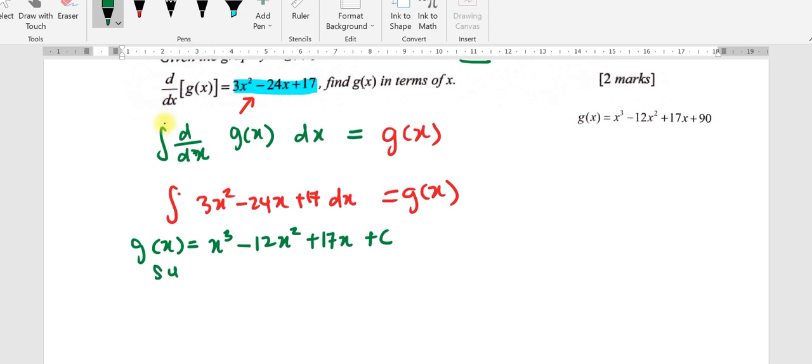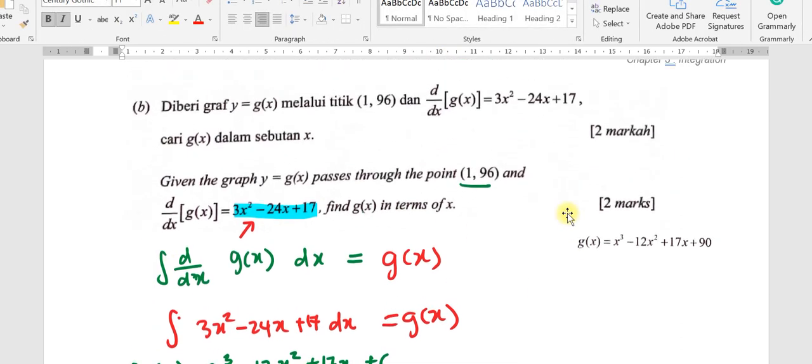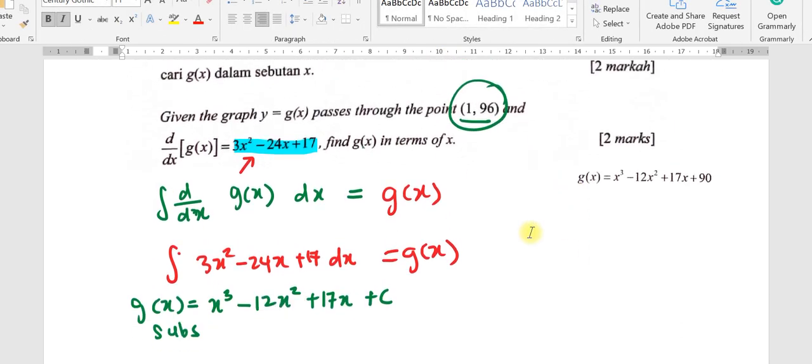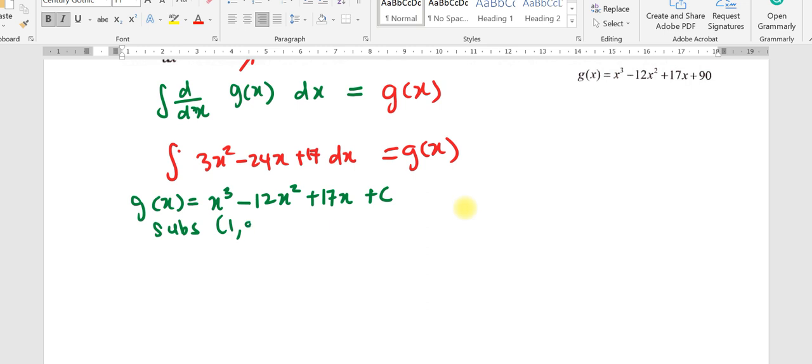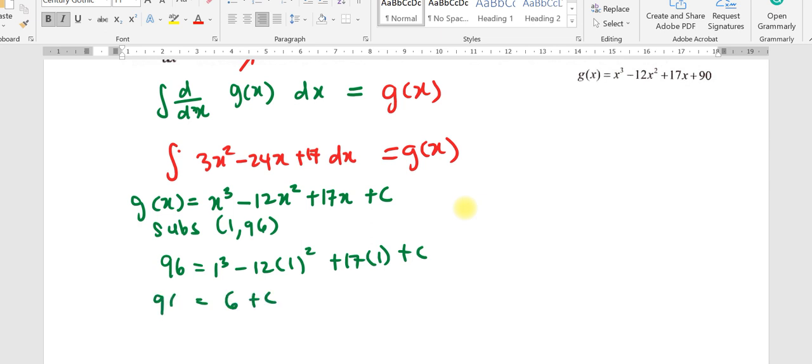So, we substitute. We already get, right, one value passing through, 1 and 96. Okay, substitute 1 and 96. Gx to y lah. Okay, settle all this. 1 minus 12 plus 17. 6, actually, 6 plus c is equal to 96.